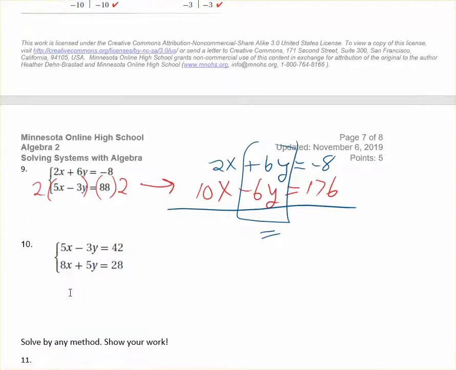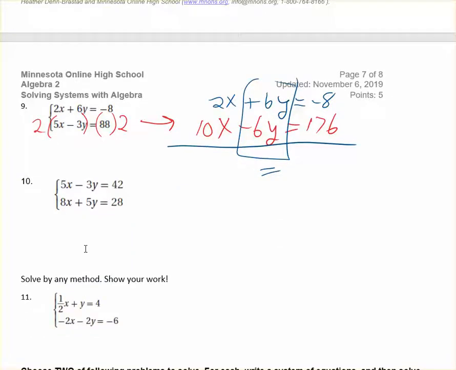Let's look at number 10. We have 5x minus 3y equals 42, and 8x plus 5y equals 28. There's nothing that I can multiply the top one by to make it equal the bottom. 5 times no integer will equal 8. 3 times no integer will equal 5.